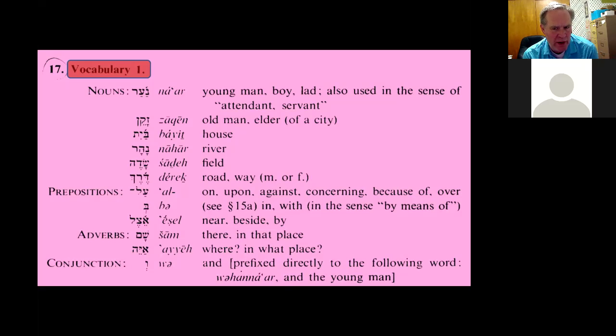The conjunction va, the vav with the shva, means and, and you put it right before another word. So if you had na'ar, that would mean young man, hana'ar would be the young man, and vahana'ar would be and the young man. That's the and part.